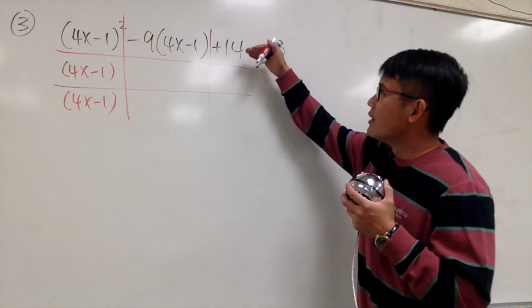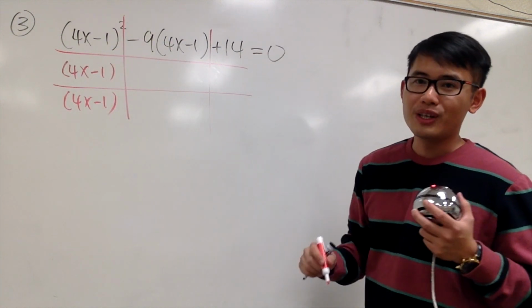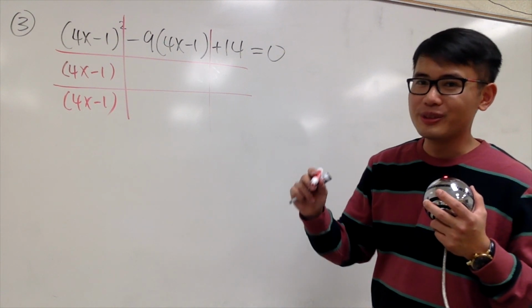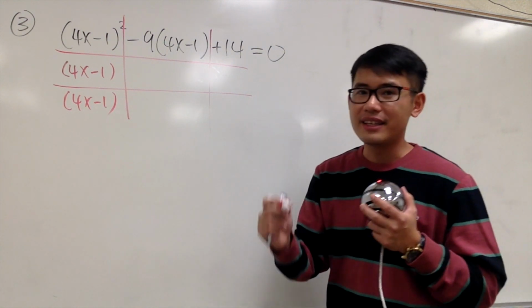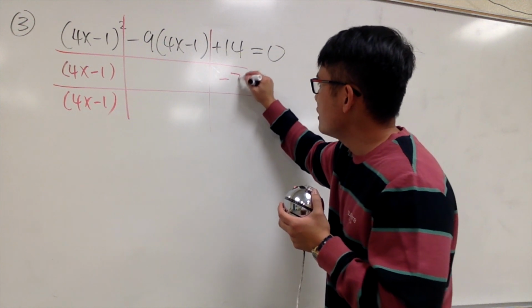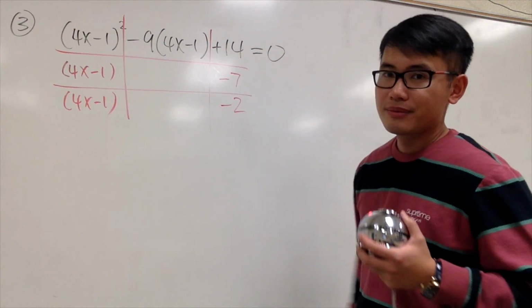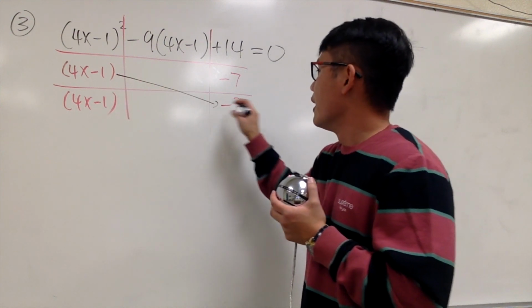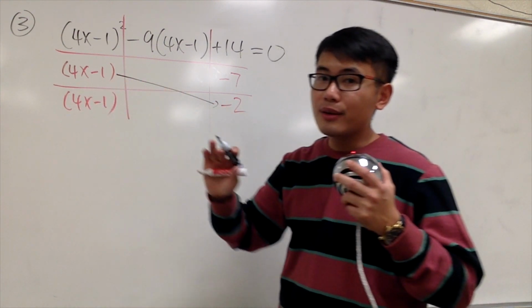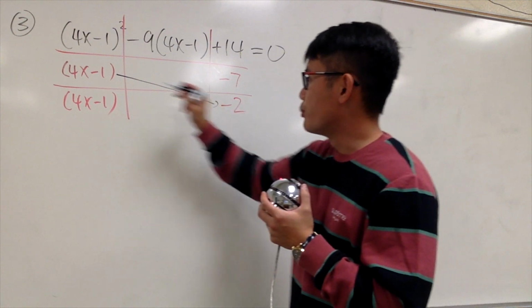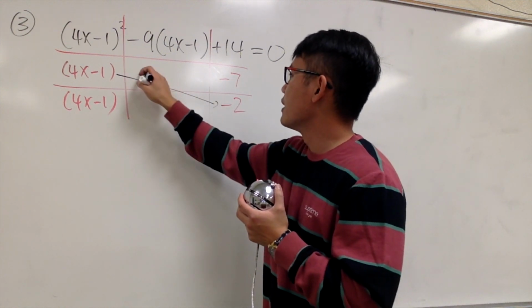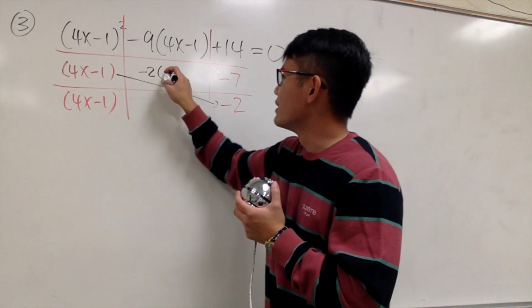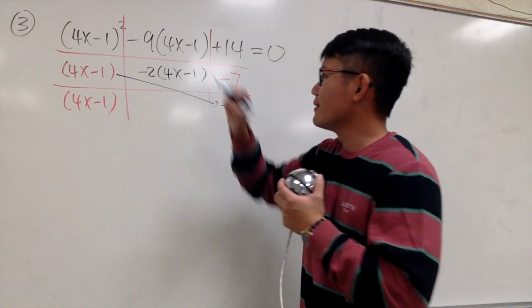And now let's look at positive 14. What and what can we use? I'm going to use negative 7 and negative 2. Negative 7 and negative 2. Is this correct? Let's see. I'm going to put this times that, negative 2 times this. I'm not going to distribute anything. I'm just going to put it down, which will be negative 2 times the parentheses with 4x minus 1.